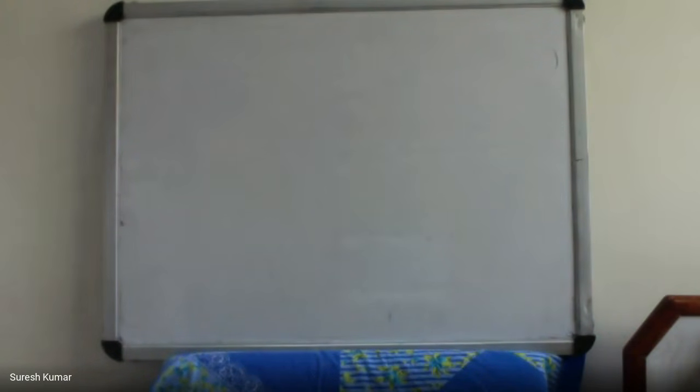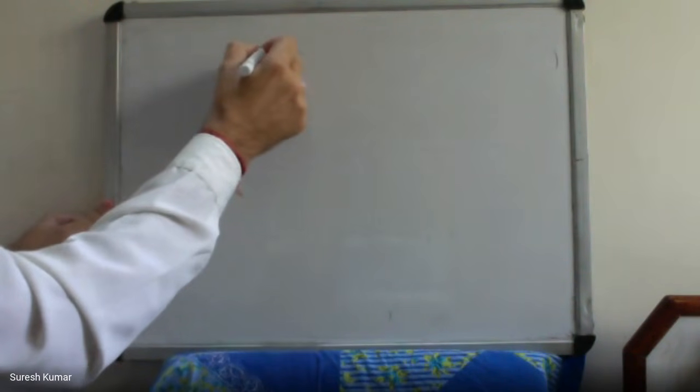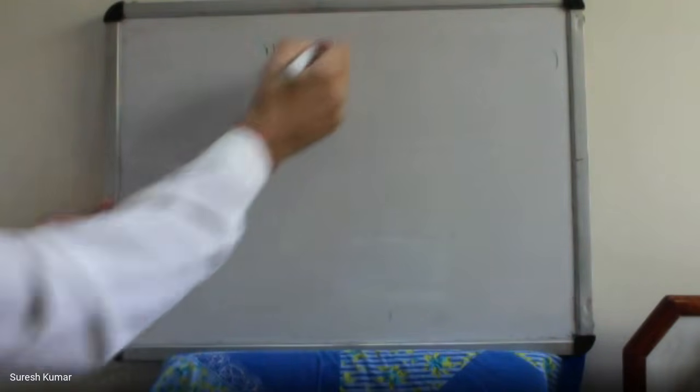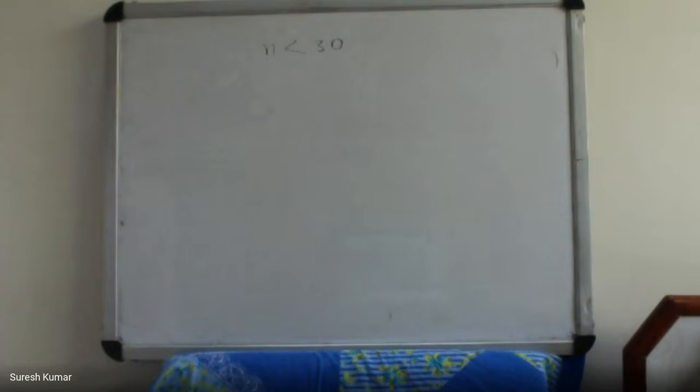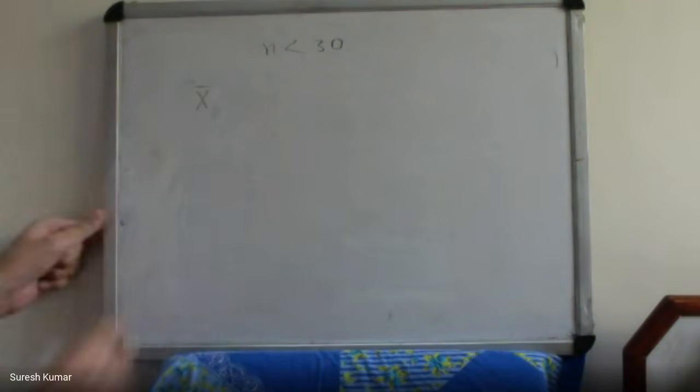Now, if the sample size is not large, means n is less than 30, then what can we say about the distribution of x bar? In this case, we have a special case.